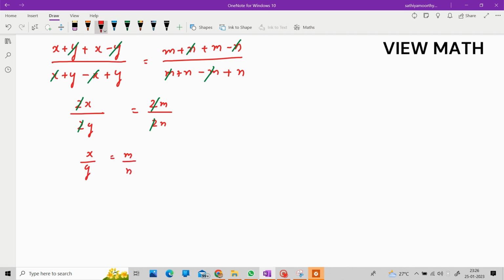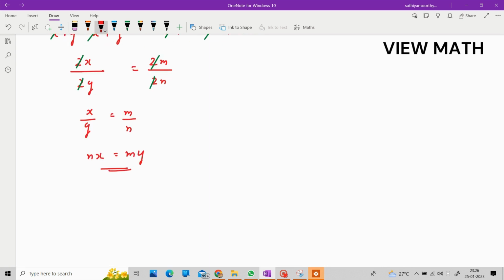Now let me cross multiply. I get nx is equal to my. So they are asking us to prove nx is equal to my, and we have proved nx is equal to my. Hence proved.